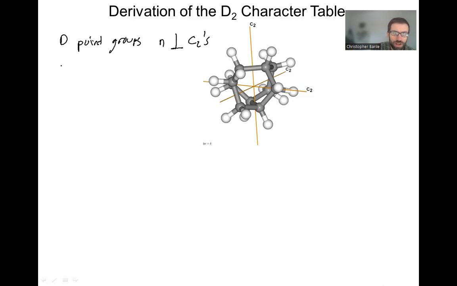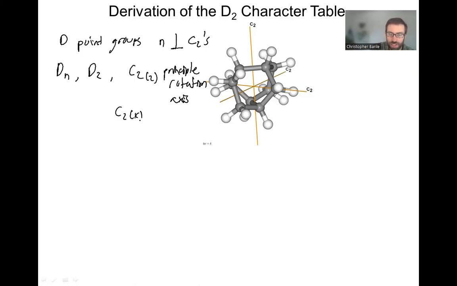So if we're D2 in this case, that means there's going to be a principal rotation axis, which is a C2, and we always define that as the z-axis. In addition to that, we're always going to have n perpendicular C2s. So we're going to have a perpendicular one, we could call that C2x, and also C2y. Those are the two additional perpendicular C2s.